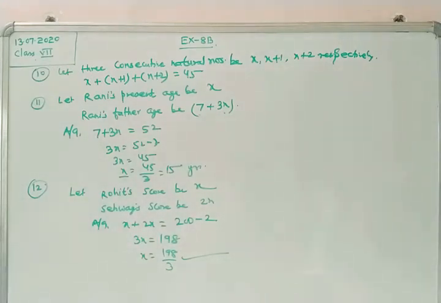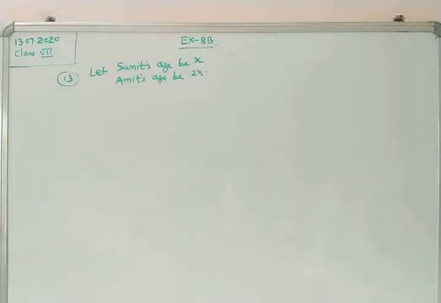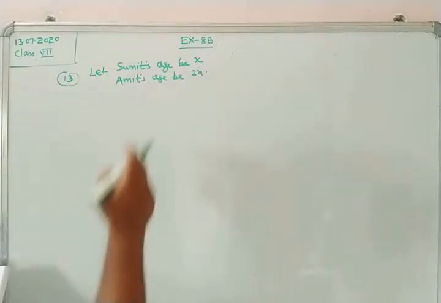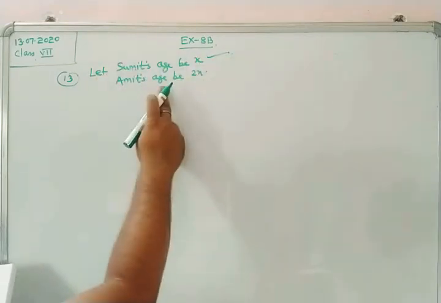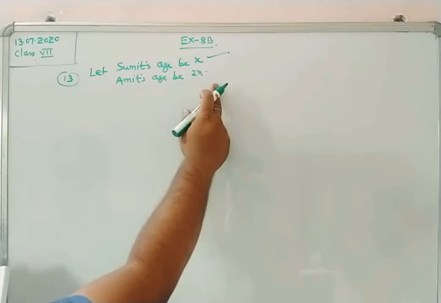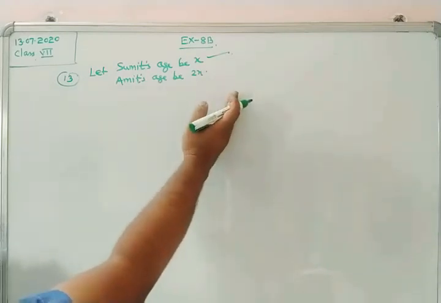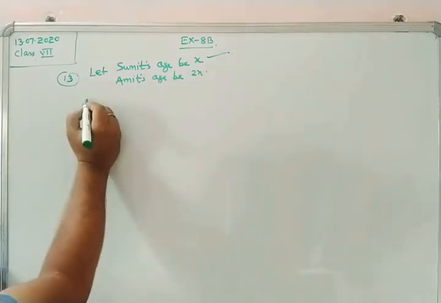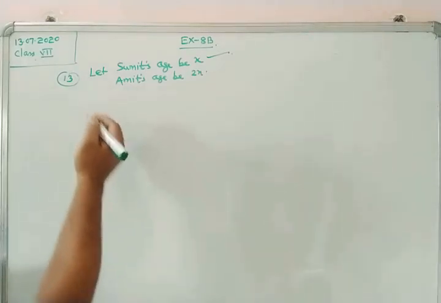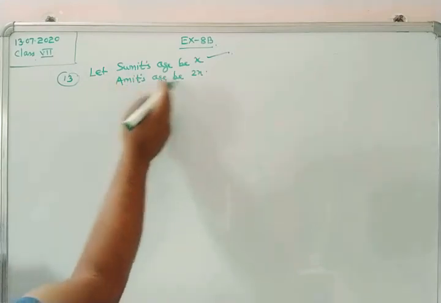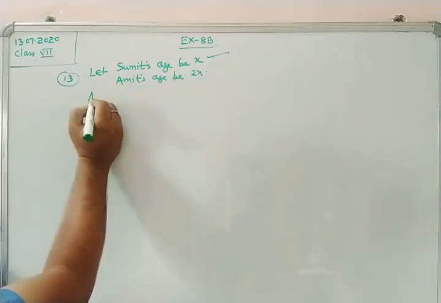Okay. Now I am discussing question number 13. In question number 13, the present age of Amit is 2 times that of Sumit. Let us consider that Sumit's age be x, Amit's age is 2x, because 2 times is given. Now 5 years ago, according to the question, Sumit's age will become x minus 5, Amit's age will become 2x minus 5.